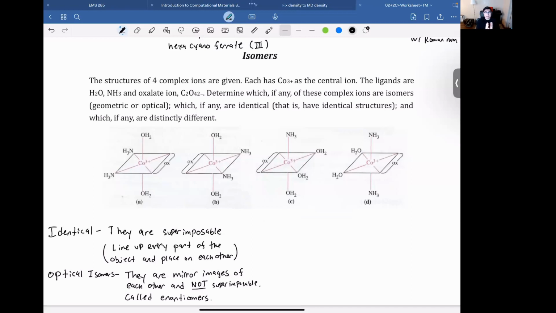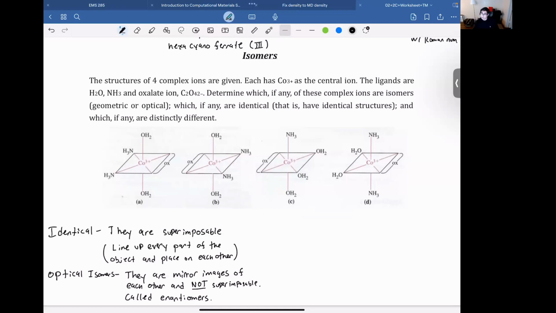Now, there's no way I can rotate my hands such that all of my fingers line up in the exact same spots and place them on top of each other. My thumb is on opposite sides, my pinky's on opposite sides. I can't line my hands up and place them right on top of each other.